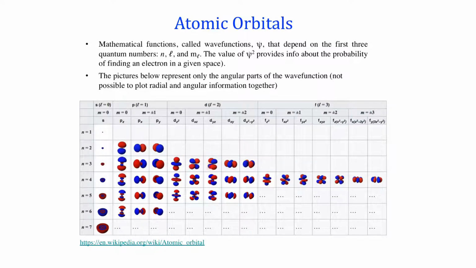They just differ in their orientation in space. They tend to have that kind of four-leaf clover shape to them. Again, you'll see that they just differ in how they are positioned. And then there's this one wonky one, our dz squared orbital, that takes on a special shape.